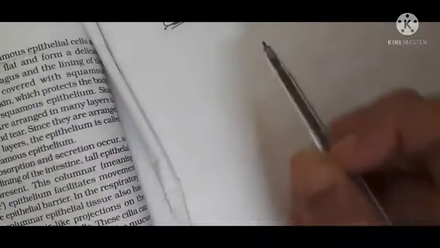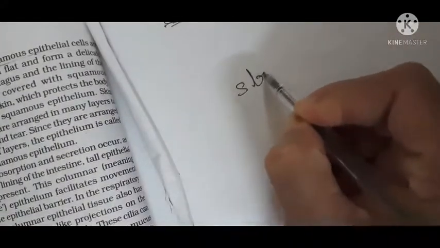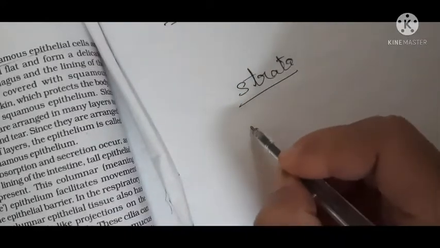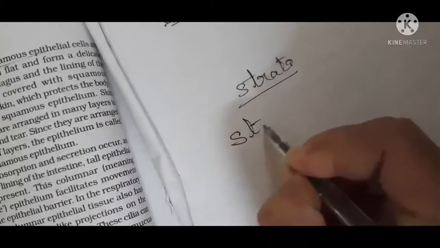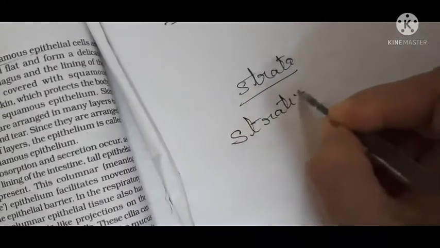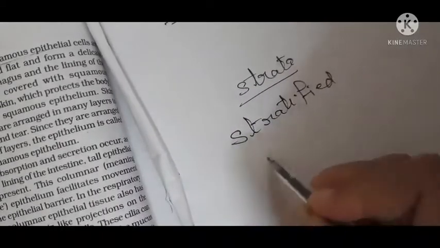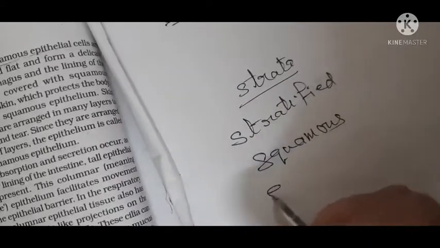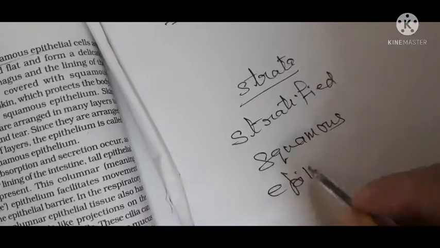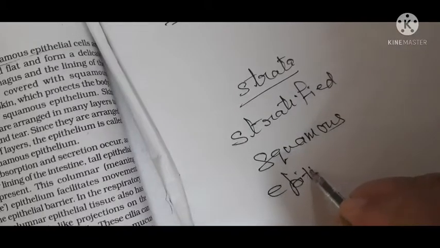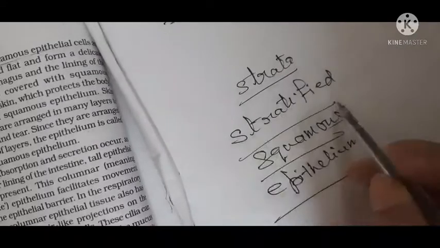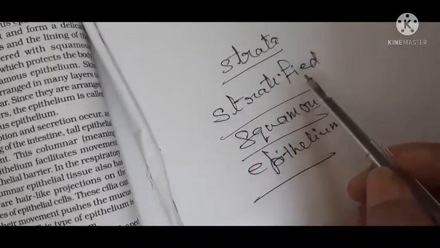These many layers are also called strata. So in skin, this squamous epithelium is called stratified squamous epithelium. Stratified because it is made up of many layers.